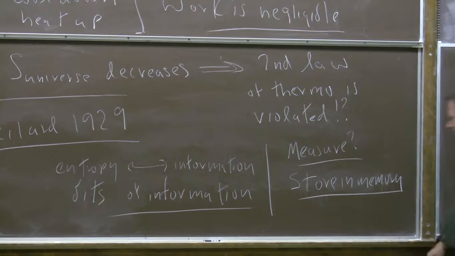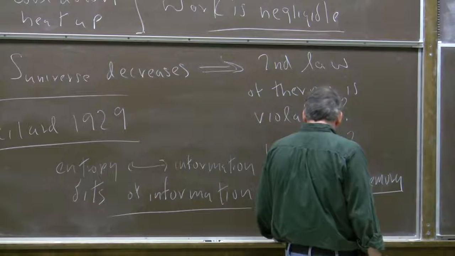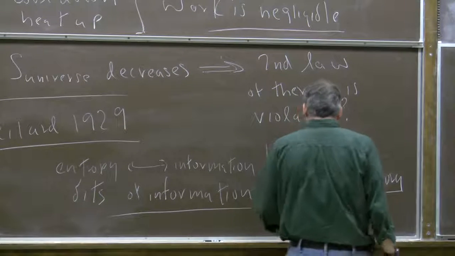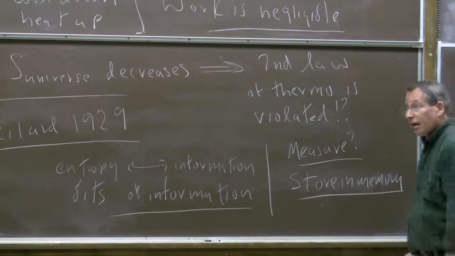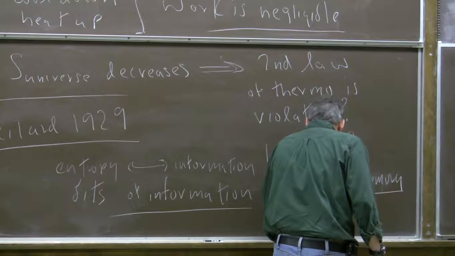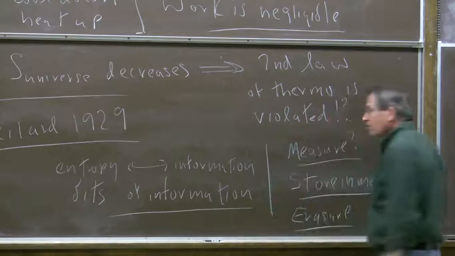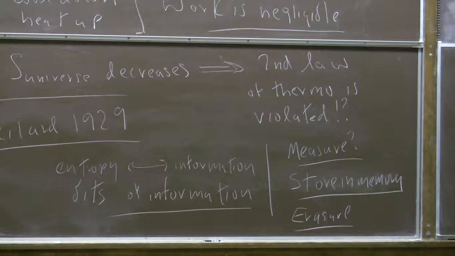He was a little bit cagier when it came to this last one, but he also seemed to realize that the demon will need to reset himself, which means that information will have to be erased. And he tried to put his finger on what the catch was, why, in fact, the total entropy of the universe maybe isn't going down if we analyze this process carefully enough.